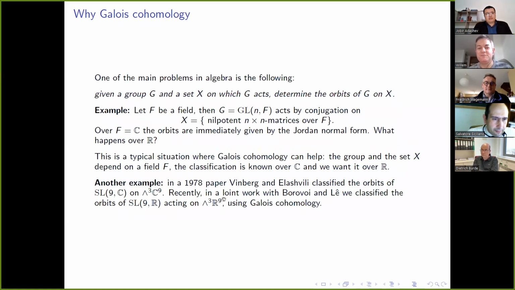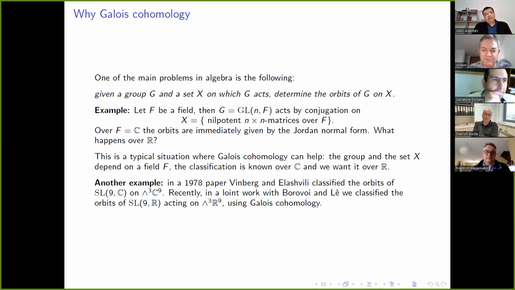The Vinberg-Elashvili work is in the theory of theta groups. They have lists of nilpotent orbits, then some classification of semi-simple orbits, and then a classification of mixed orbits. And we have the same, but just over R. It all expands a little bit. There are quite a few more real orbits than complex orbits.